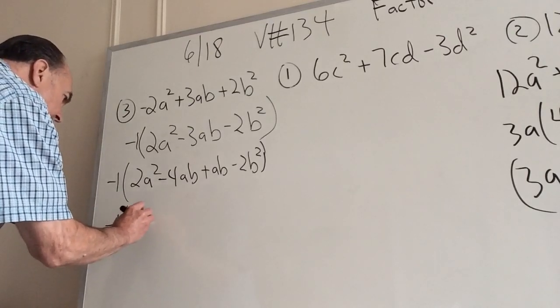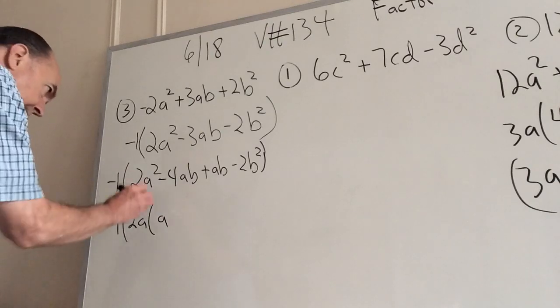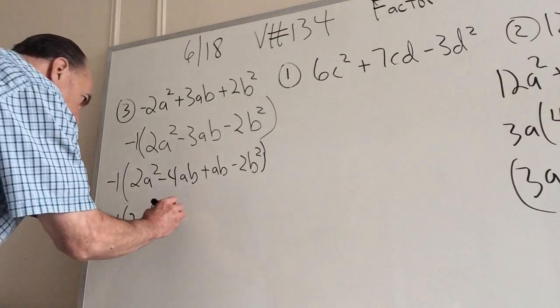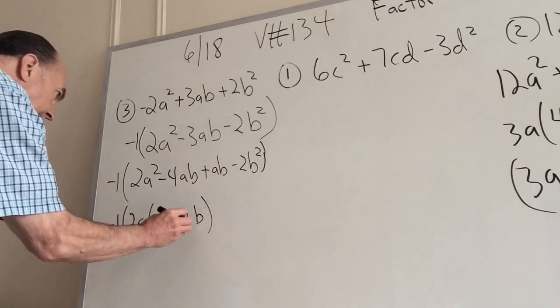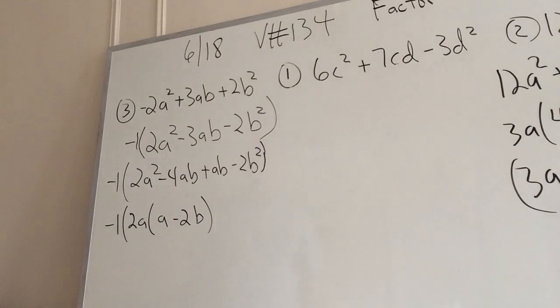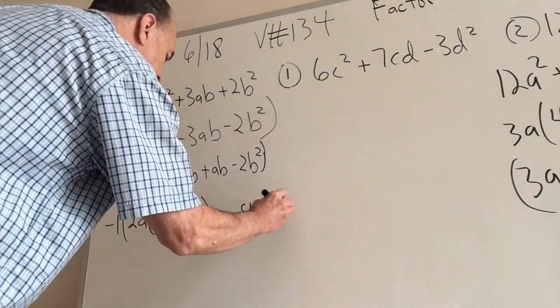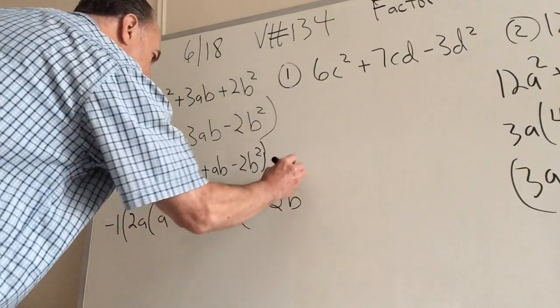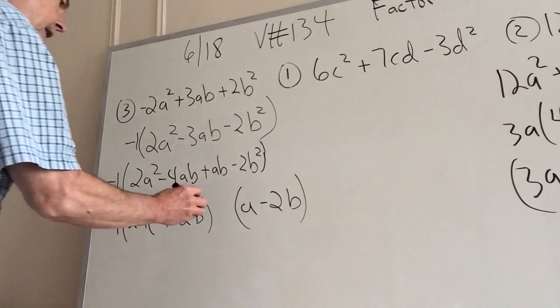And the 2a factors out. There's an a here. Again, work backwards as I recommended. Minus 2b. Again, work backwards. There it is, working out for you. You should be doing this. Rewrite. Like I said, I'll give you lots of practice today. And what term's going to work over here to make this go?